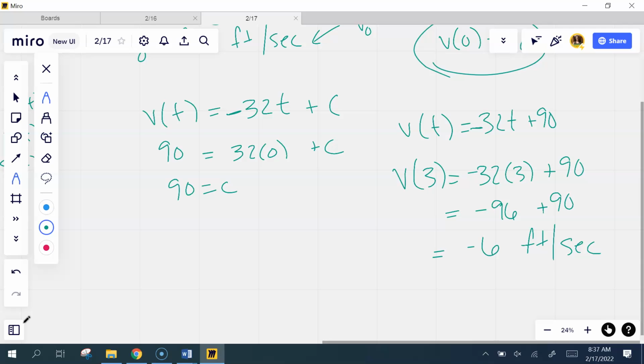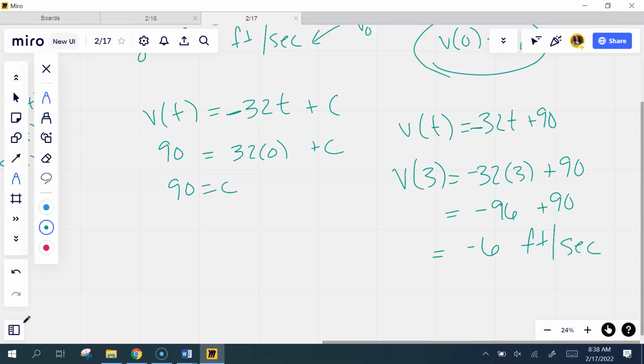But gravity has a negative impact on it. So we're slowing down by negative 6. Well, remember, speeding up and slowing down has to do with the acceleration. If you're shooting down, yes, but if you're shooting up against it, right.